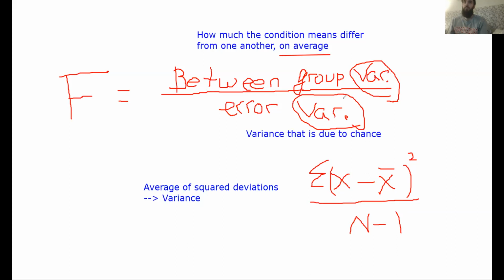And so you'll notice that with the F, there's a variance in the numerator and there's a variance in the denominator. Now, we don't know what between group and error means exactly yet, but we do know something. Specifically, that all F's will be positive.